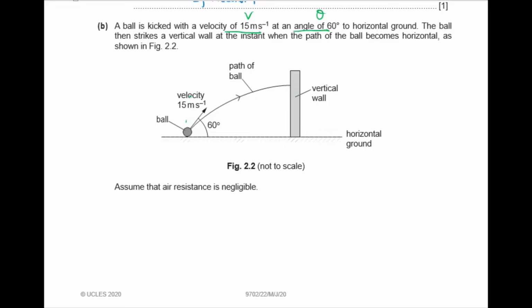So you have to resolve the y component and x component. Horizontal velocity is u cos theta, and the vertical component becomes u sine theta.